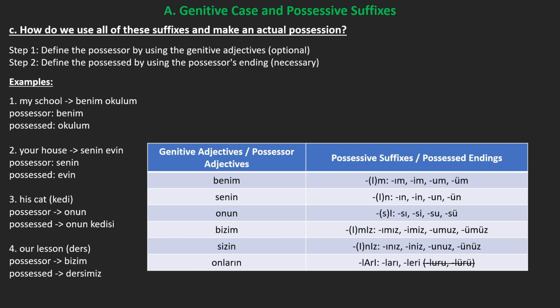As Megan typed in the chat, it is just based on the harmony. You are just checking the type of the vowel, if it's like a, ı, o, ö, and then you are checking the final letter. If it's a consonant, there's a different condition. If it's a vowel, there's a different condition.